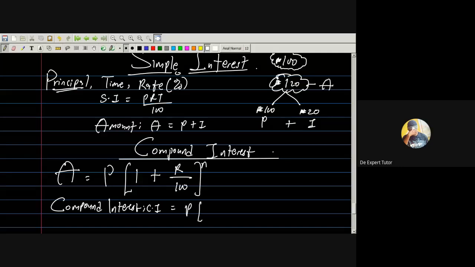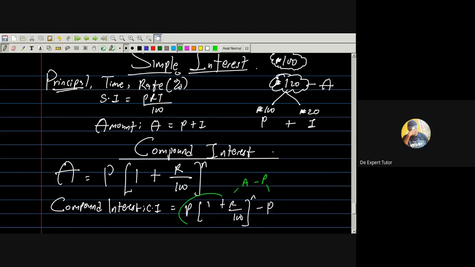CI equals P times bracket 1 plus R over 100, to the power n, and then minus P. That is, what you have here is your amount, then minus principal. So compound interest is amount minus initial principal. It's just this formula. It will save us the stress of analyzing any question. You can just go straight and solve.